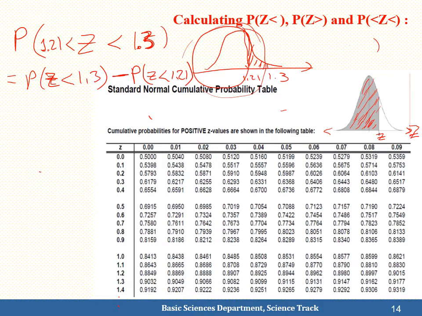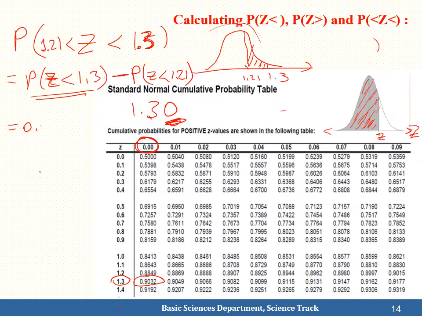Now we can find the area and use the table here. 1.3 is 0.00 in the second component, so it's 0.9032.